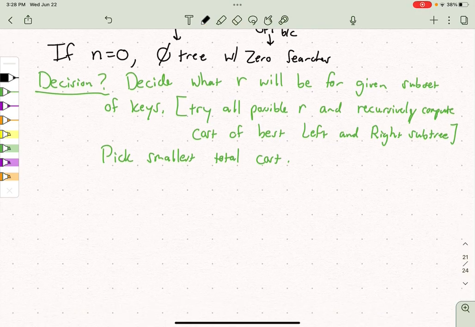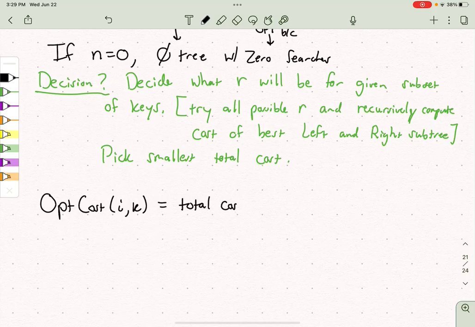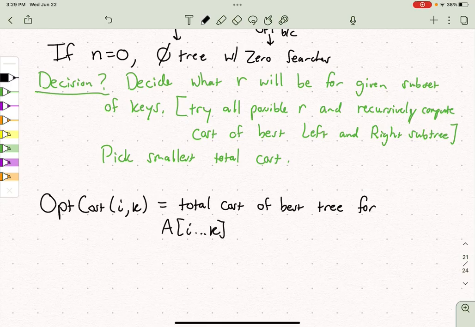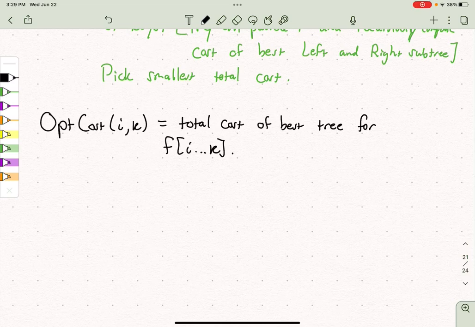So let's formalize this idea. The problem we're going to solve is the optimal cost, opt cost I K, and this is just going to be the total cost of the optimal tree for keys I through K. And in particular, we're only going to look at the f function, so really we'll just say f, I through K. So what's the recurrence for this problem?